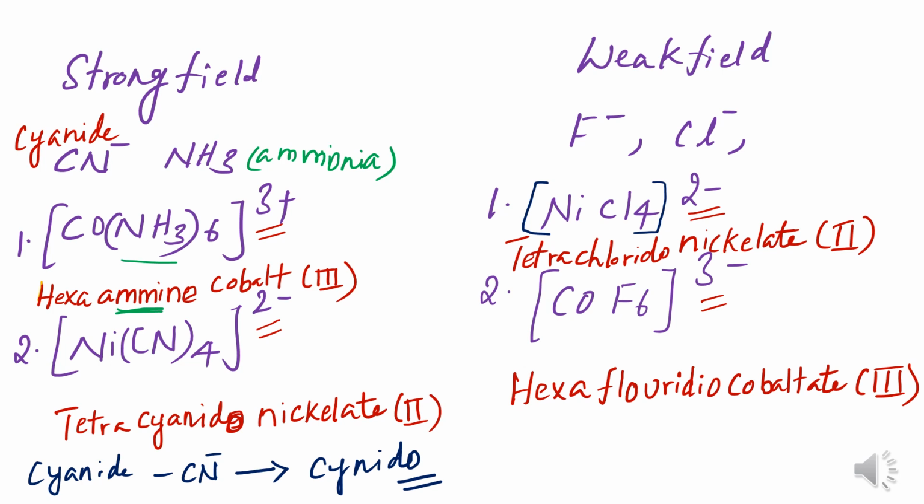So the name becomes tetrachloridonickelate(II). Like that, hexafluoridocobaltate(III). The central metal atom cobalt is present in the complex anion, so we have to add cobaltate, and in the parentheses the respective oxidation state is mentioned in Roman numerals.